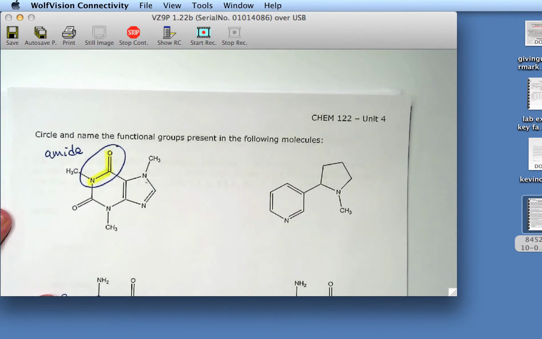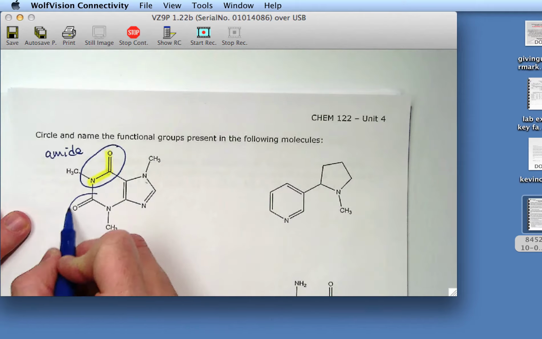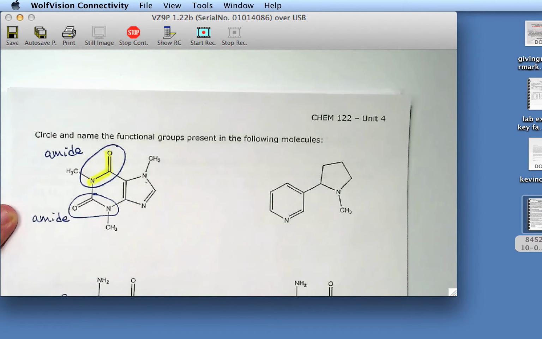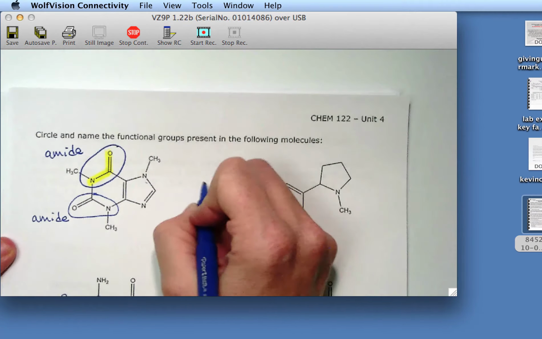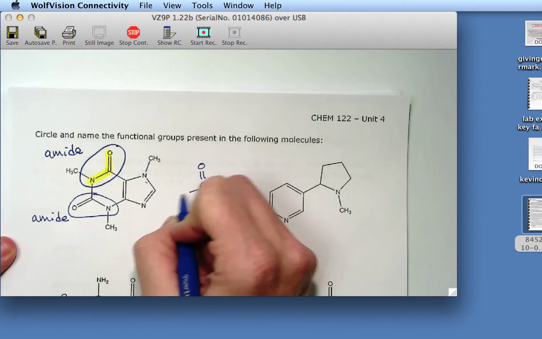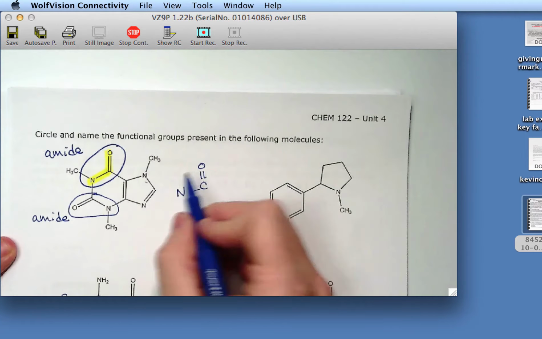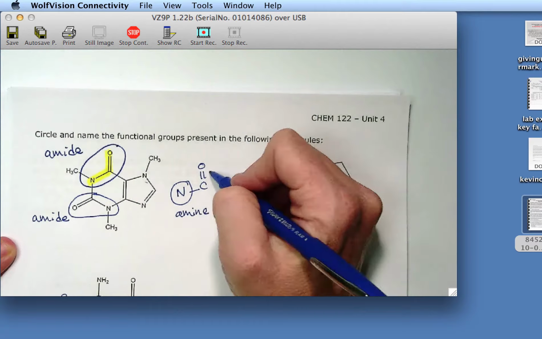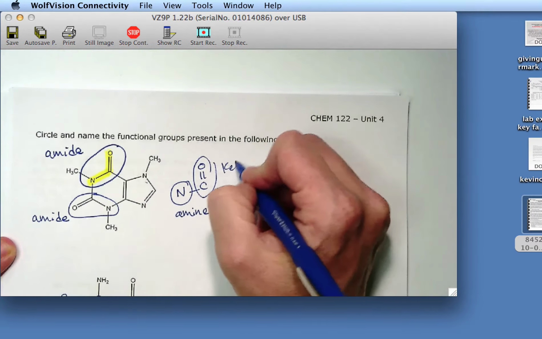And then you have the same thing here. A lot of times what students will do with amides, so I'm telling you what not to do, they'll circle this one and say, oh, that's an amine, and this one is a ketone. So I encourage you to look to the left and the right of your carbonyls.